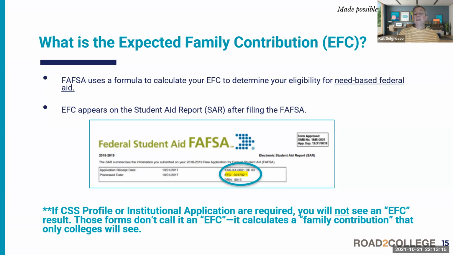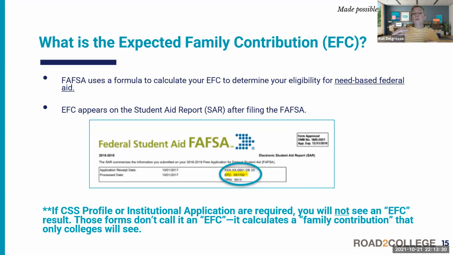So the college calculates it, but they have nuances if they use something beyond the base CSS profile, like what I just described with the COLA, the cost of living adjustment factor.